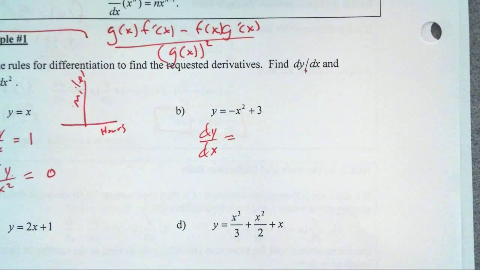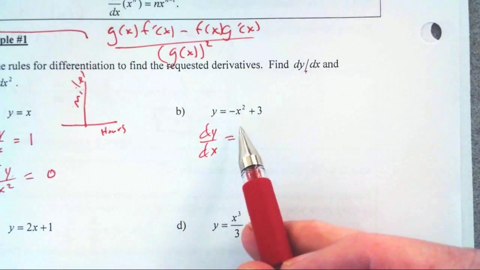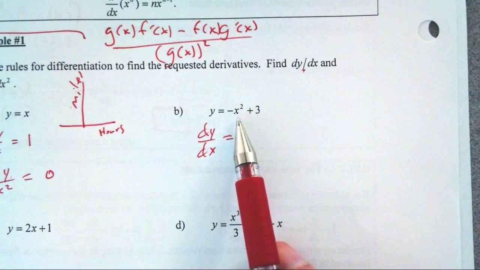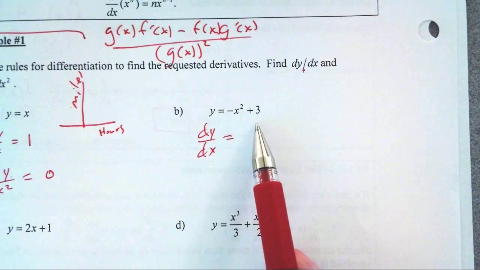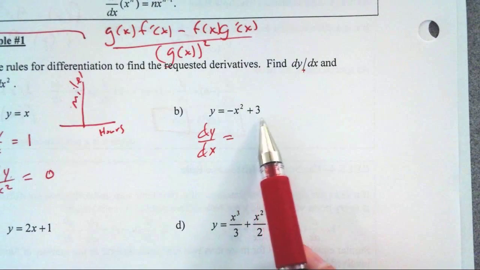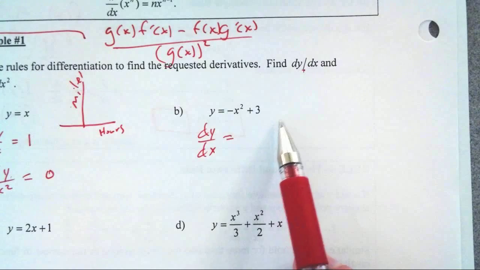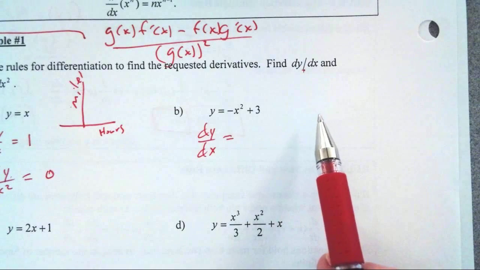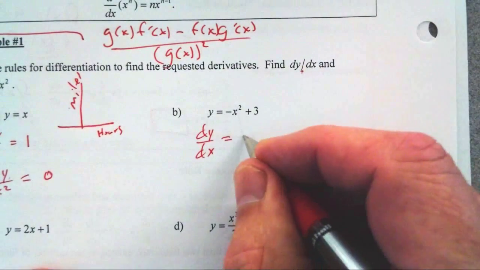So first derivative, dy dx equals. We could do limit. This wouldn't even be too bad. Limit as h approaches 0 of the opposite of x plus h squared, have to FOIL, have to distribute, plus 3, minus parentheses, negative x squared plus 3, have to distribute the negative, have to combine, cancel an h, and we would find out that that is negative 2x.